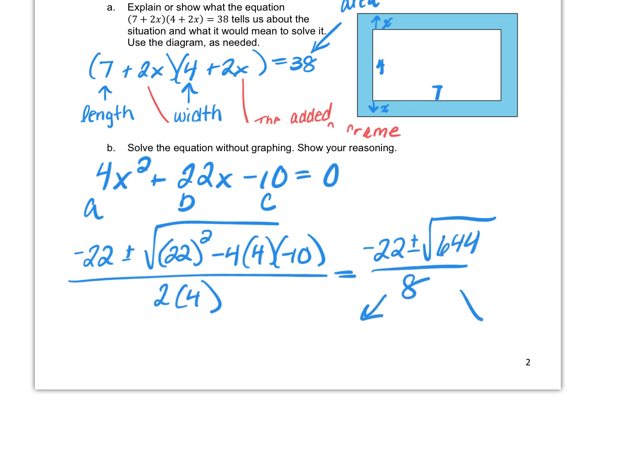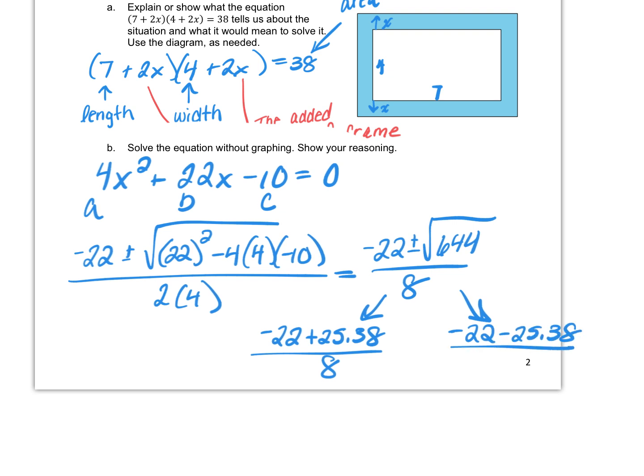So then when I square root that, of course, we get a decimal. So I get negative 22 plus 25.38 all over 8, or negative 22 minus 25.38 all over 8.